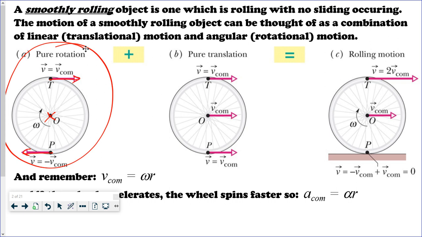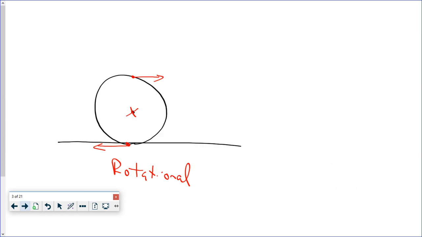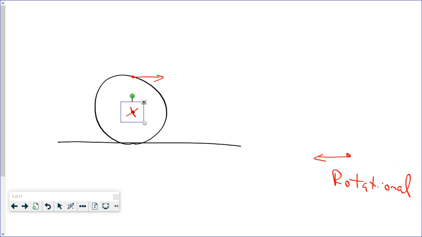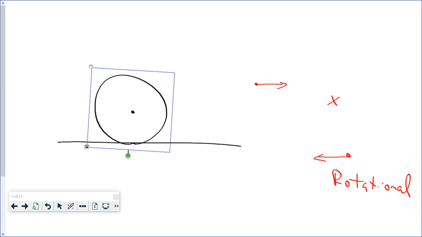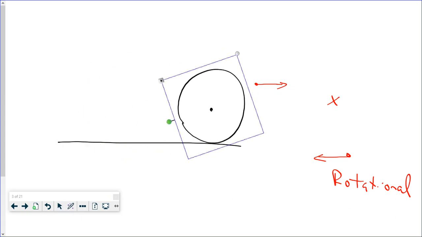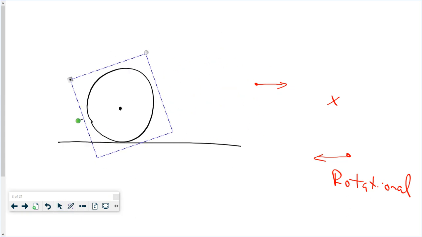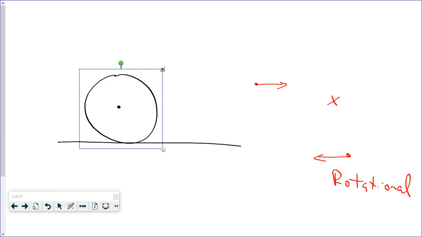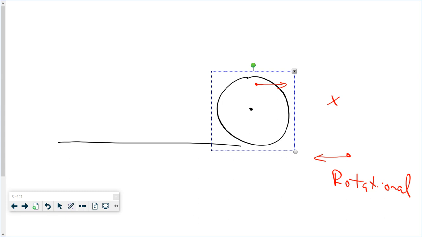But it's not just spinning in place. It's spinning in place, and there's translational motion. So the other type of motion is this. As the tire is rotating, whoa, that's not what I wanted to happen. As the tire is rotating, it is also moving, right?